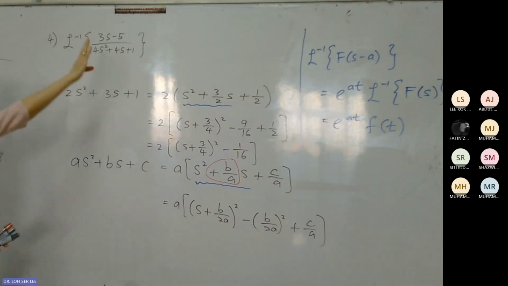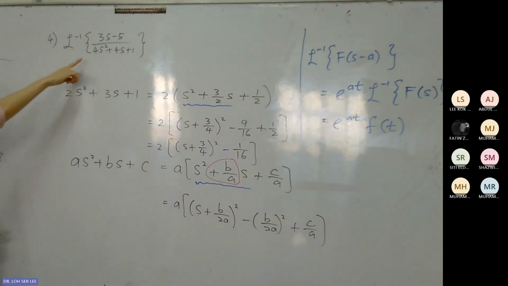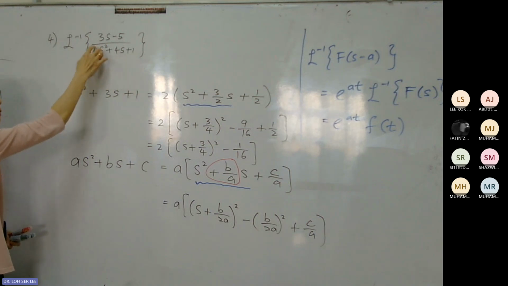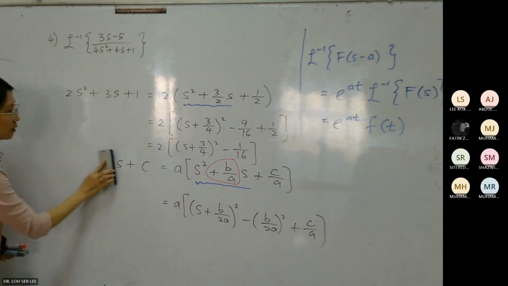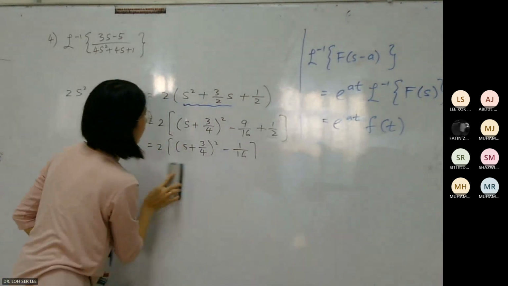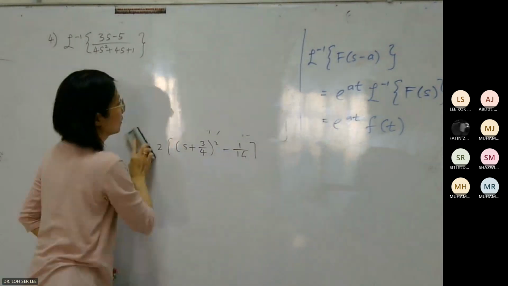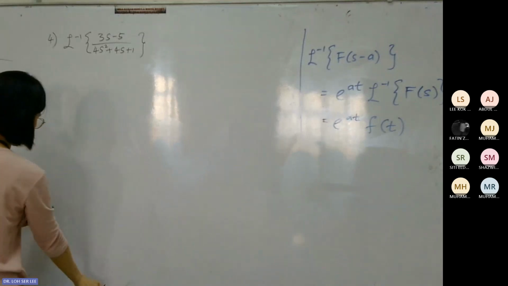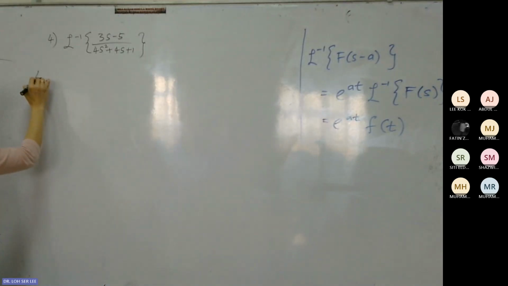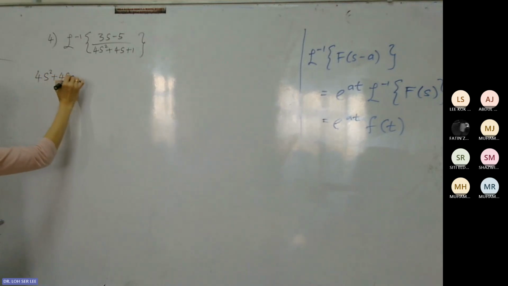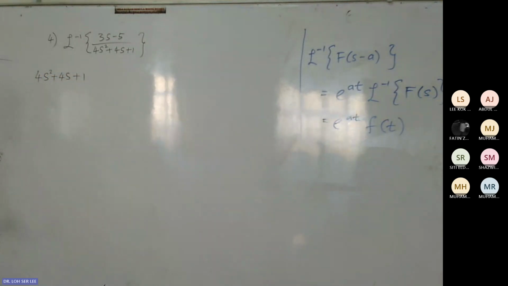Now we're back to this question. We want to complete the square for this part. So I do the completing the square. Let's say here, 4s squared plus 4s plus 1. We factorize the 4.